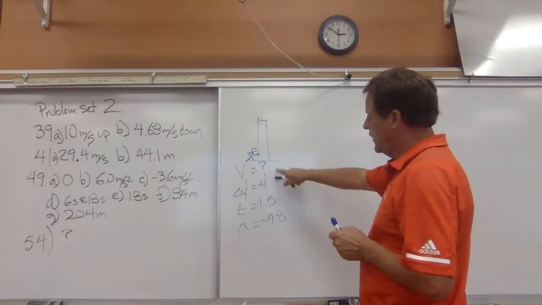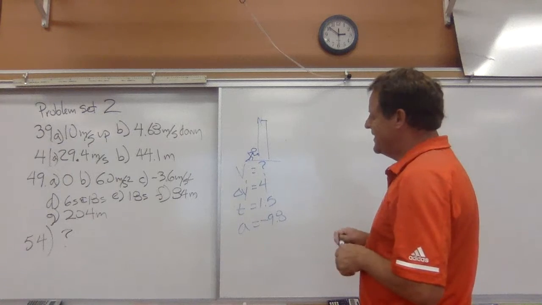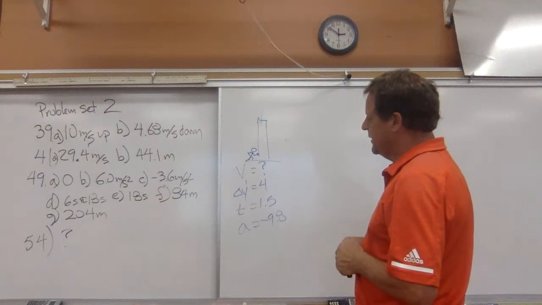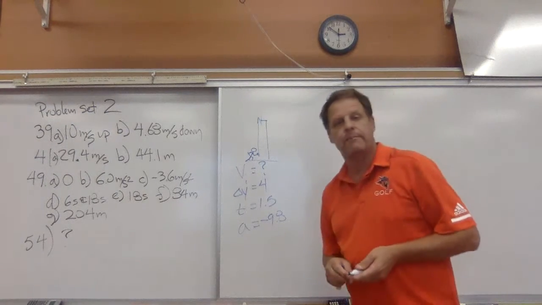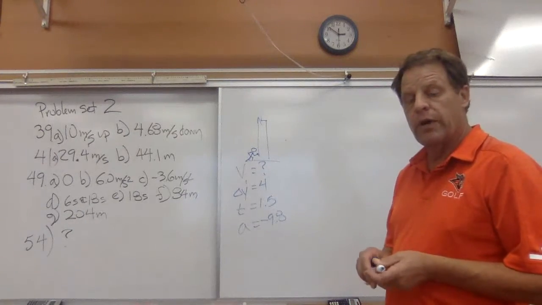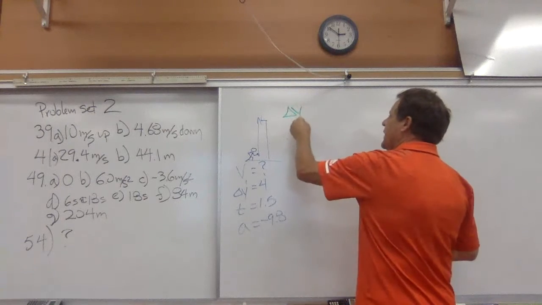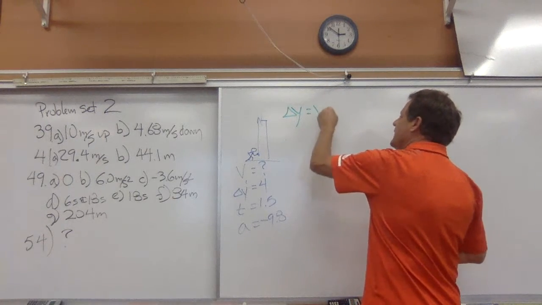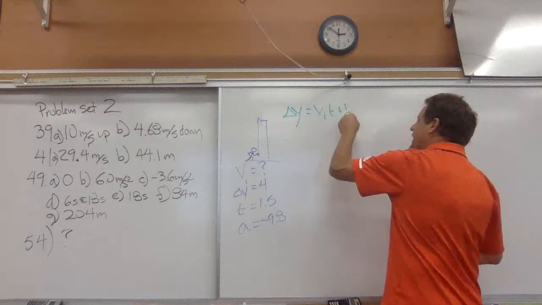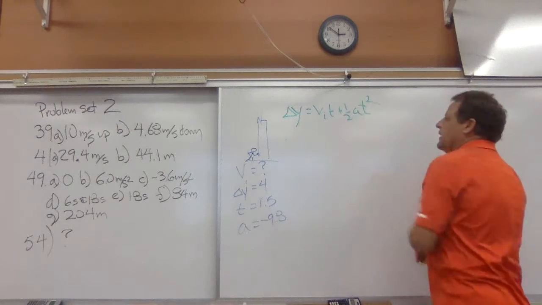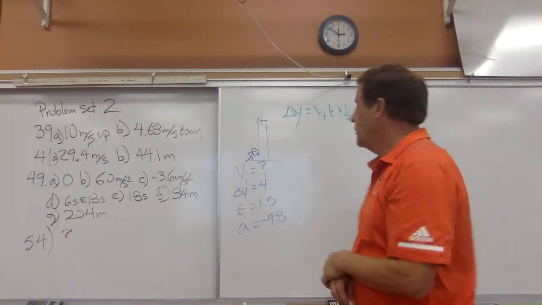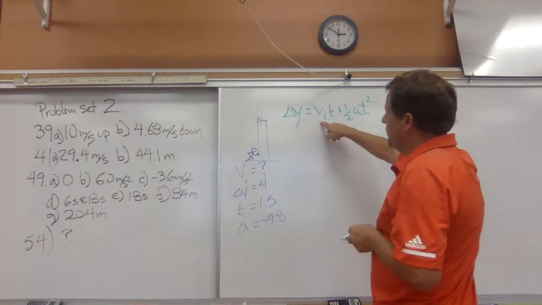So if we look at these variables and we are looking for the initial velocity, we are going to be using kinematic equation number 3, which is delta y is equal to v_i t plus 1/2 a t squared. And we have all the information except for the initial velocity.